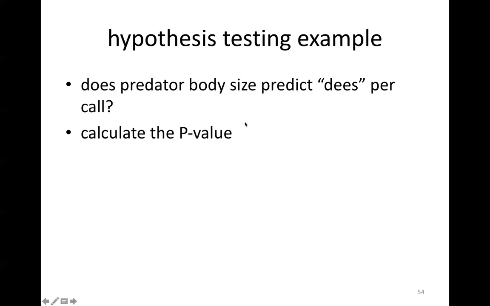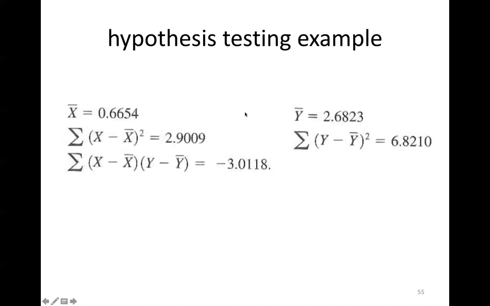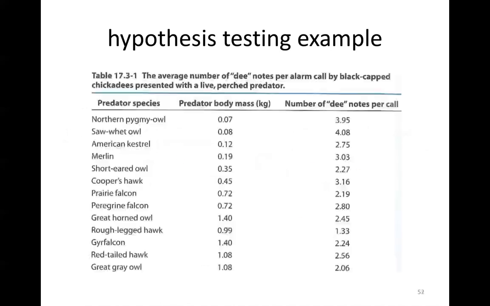And for that, we need to calculate a p-value. And the 5 different statistics are already provided to us ready. So from the data, what you might remember we would need to calculate if we have such data.